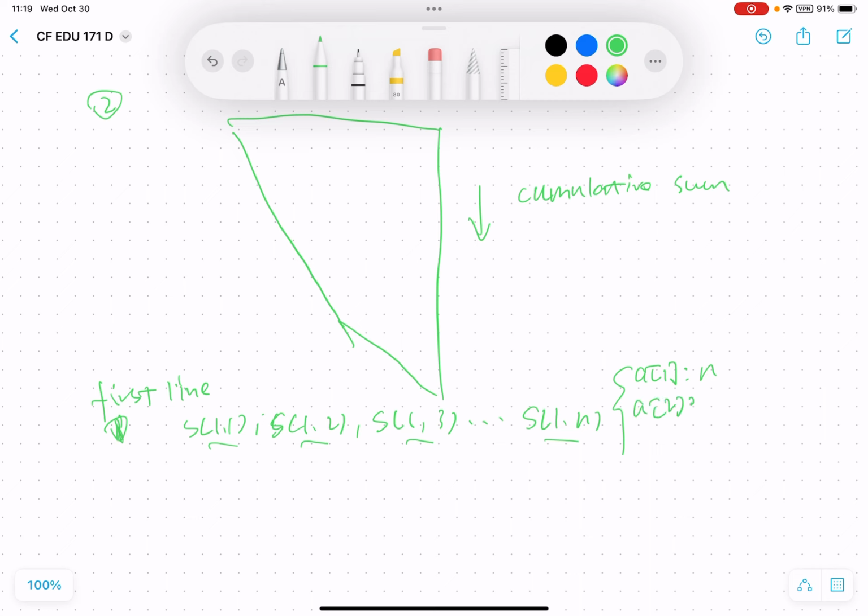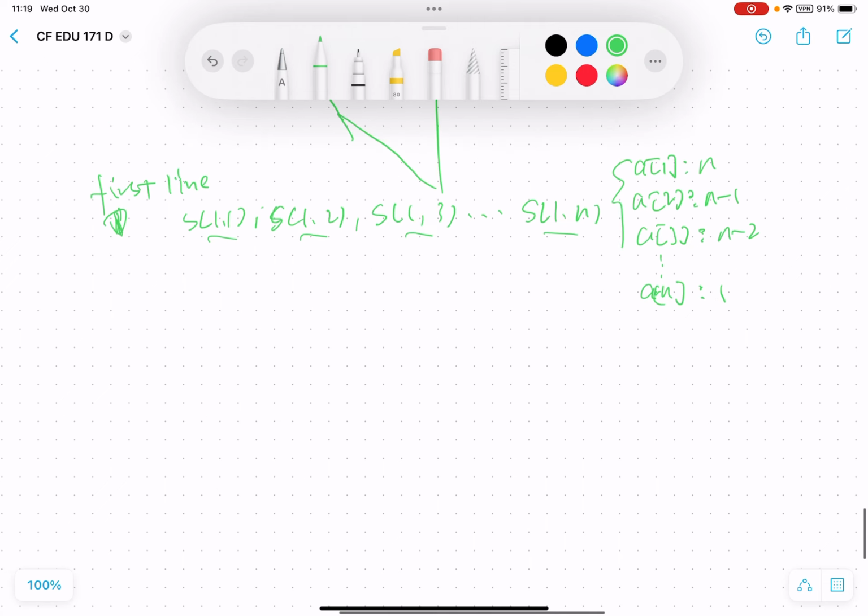For A2, we use it n minus 1 times. A3, n minus 2 times. For An, only one time. This is how we calculate the sum of the first line. For the second line, it will be S2,2, S2,3, S2,4, up to S2,N.